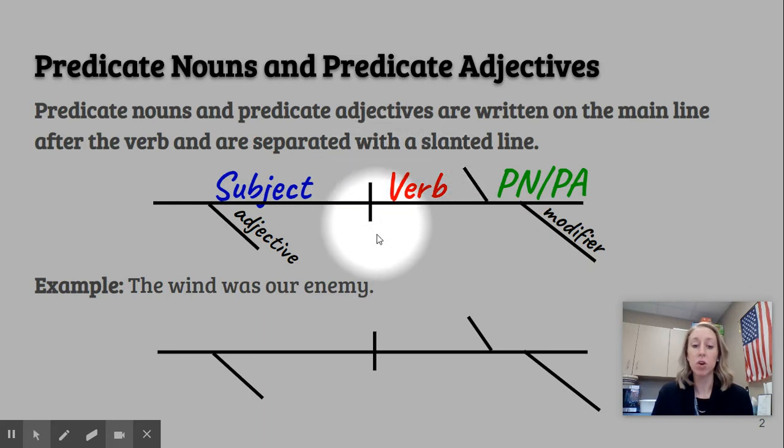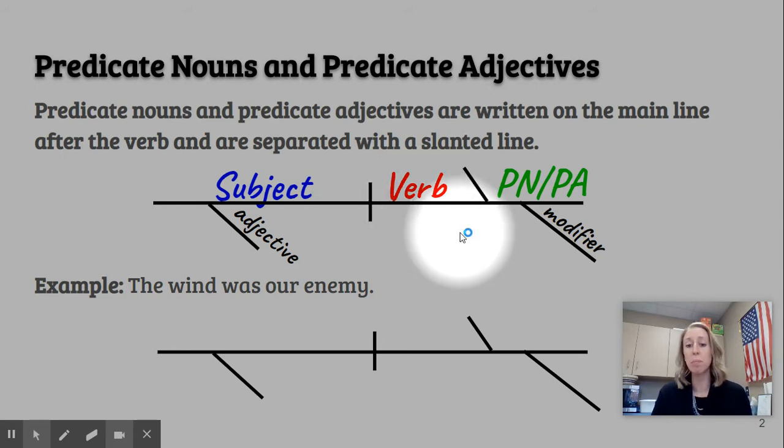We have this vertical line that separates our subject from our verb. That always stays the same. Then we can diagram adjectives underneath the words that they modify. Typically, they're going to be modifying the subject because remember, adjectives have to modify a noun or a pronoun. You can diagram adverbs underneath the word that they modify, which is typically the verb.